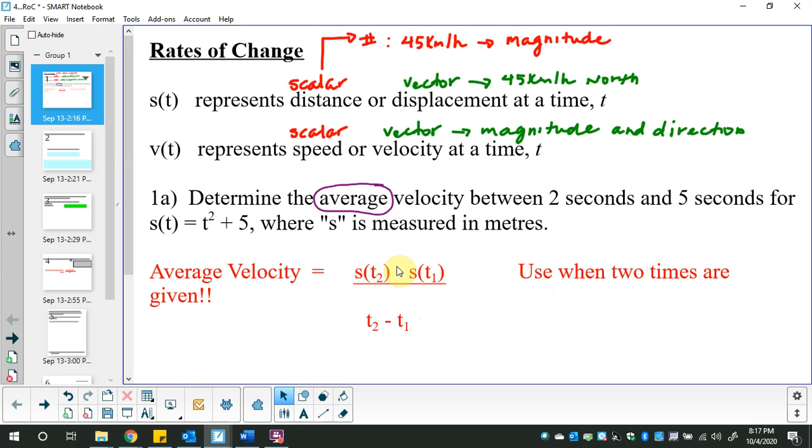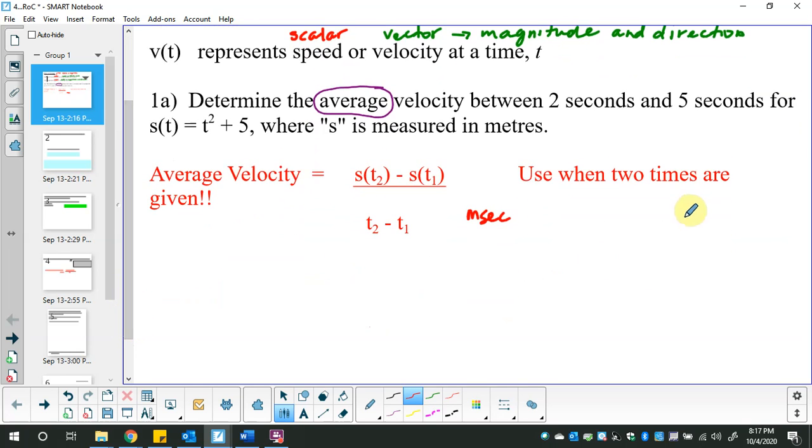S at t2 minus S at t1 over t2 minus t1 should look a heck of a lot like, drum roll please, slope of the secant. So if you prefer, instead of using S's and T's in this case, or H's and T's if somebody gives you height, you could go back and do the y2 minus y1 over x2 minus x1.